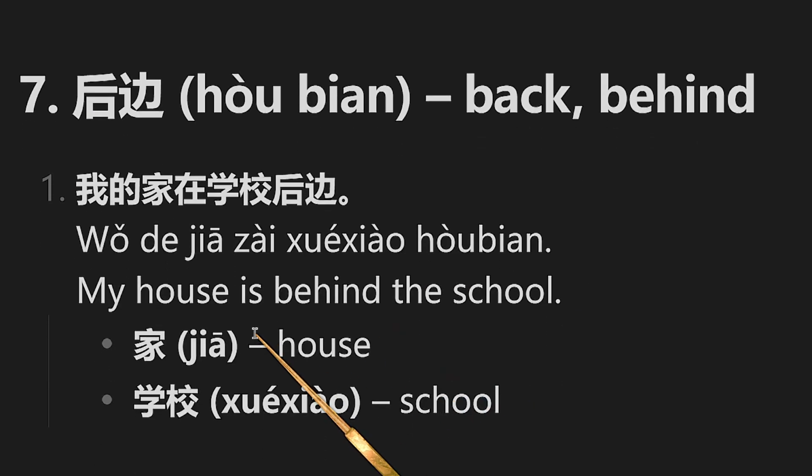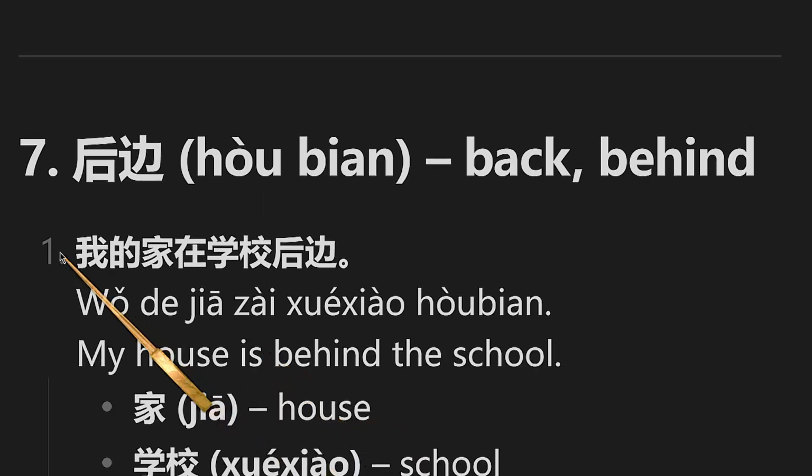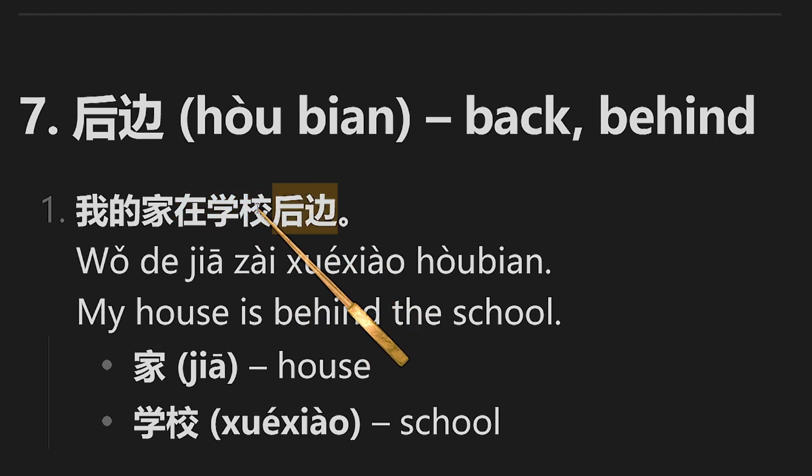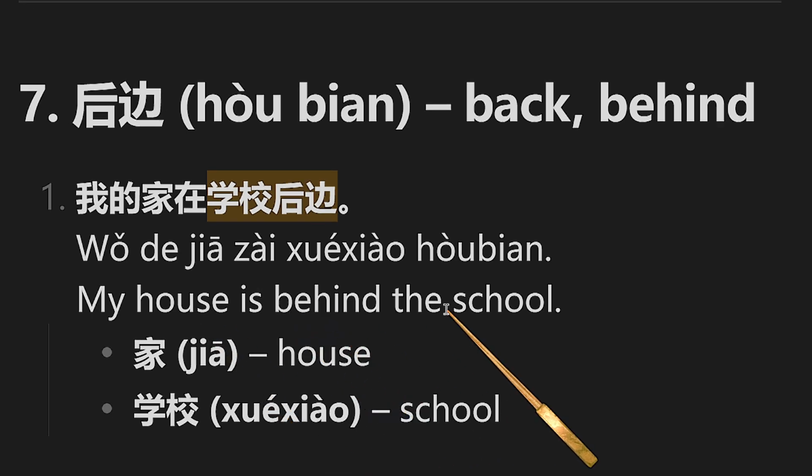Let's see. My house is behind the school. 我的家在学校后边。我的家, my house, 我的家在学校, at school, but at school what? 后边, at the behind is my house, is behind the school.